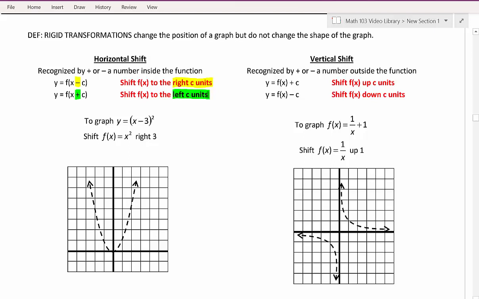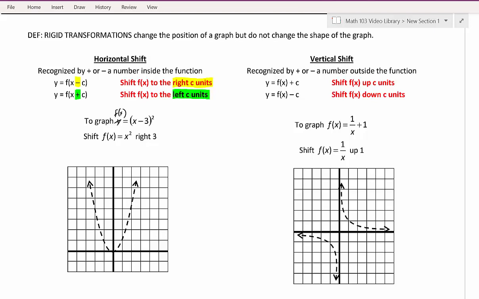If we want to graph y equals, let's move that into function notation. If we want to graph f of x equals (x minus 3) quantity squared, we are going to take the parent function, f of x equals x squared, and shift it to the right 3 units.